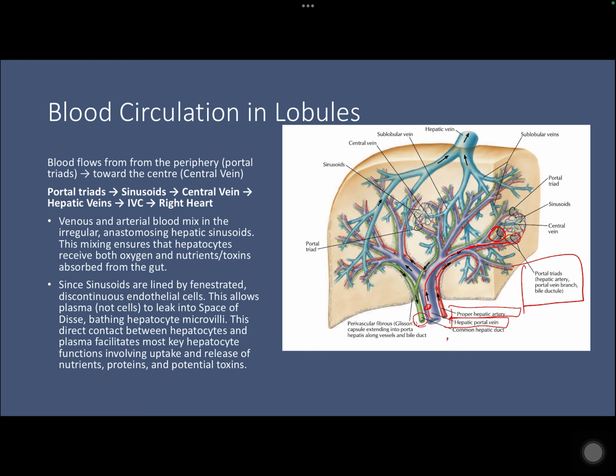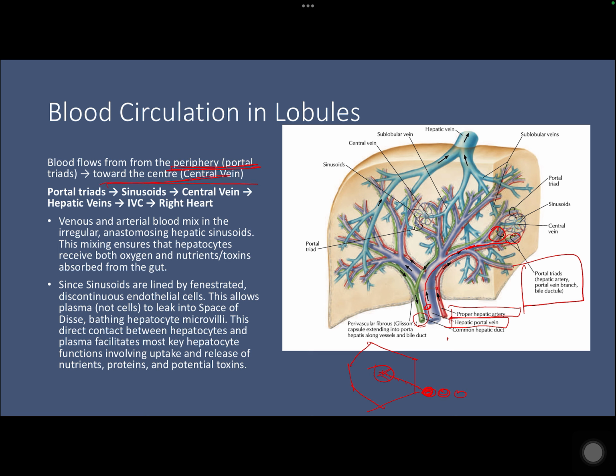So if this is the hepatic lobule, first the blood will reach the portal triad, then from the portal triad it will be carried to the central vein.